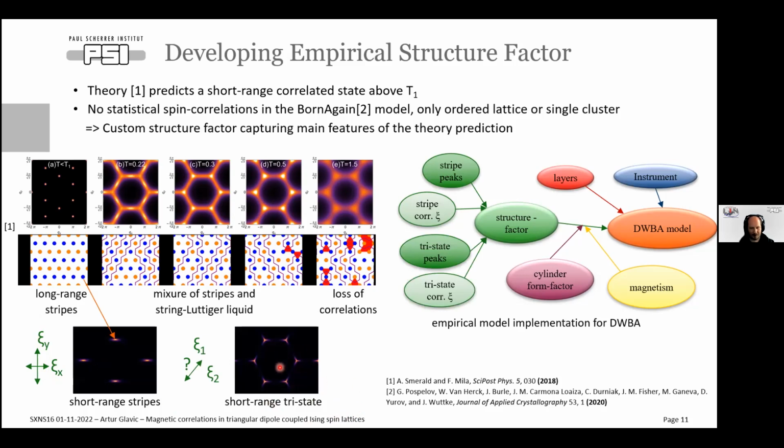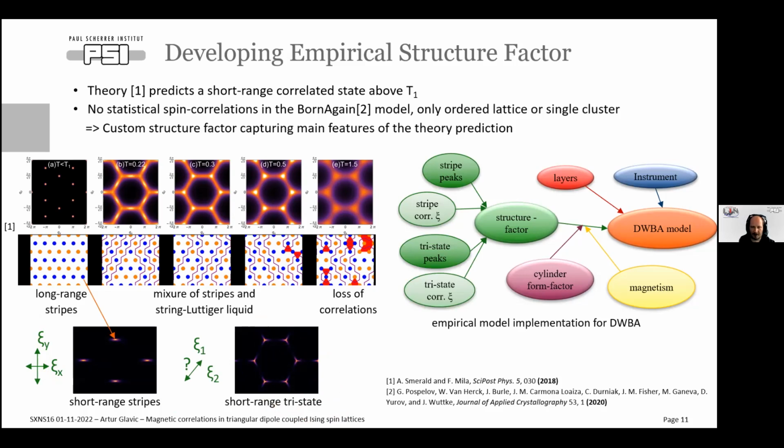Those are the parts that cannot be described with a normal modeling in BornAgain, because they have some kind of triangular structure, and all other cluster forms you would build up in those models would be six-fold symmetric and not three-fold symmetric. So this we added as a customized structure factor.